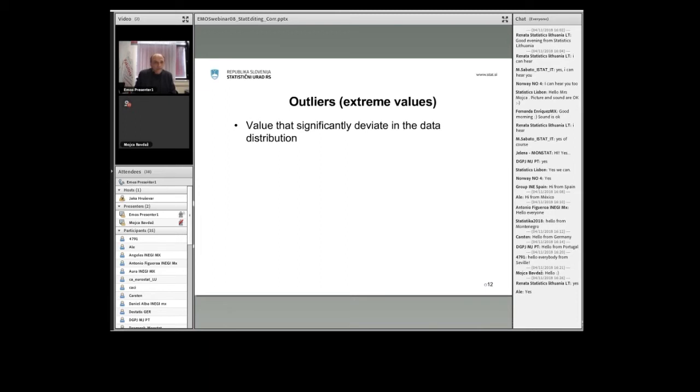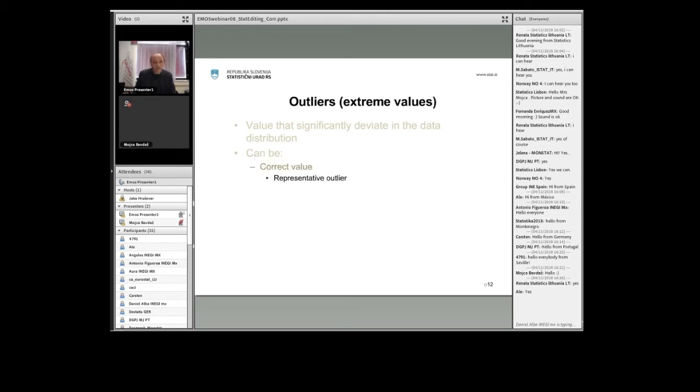What is important to distinguish here with outliers is that an outlier is in fact a value somewhere in the distribution that deviates from others, but it can still be correct. This is the first option, of course.